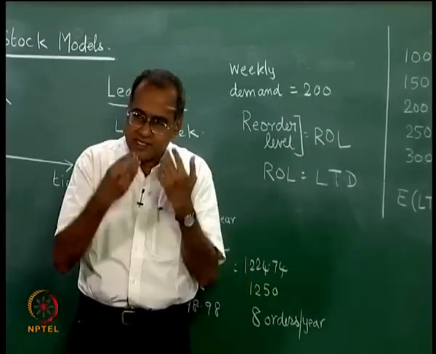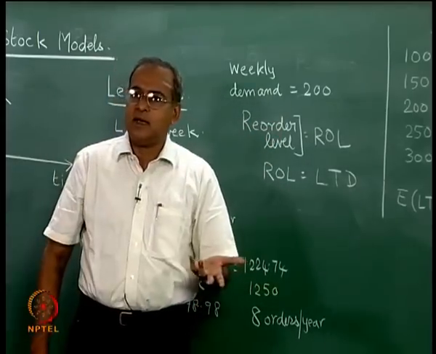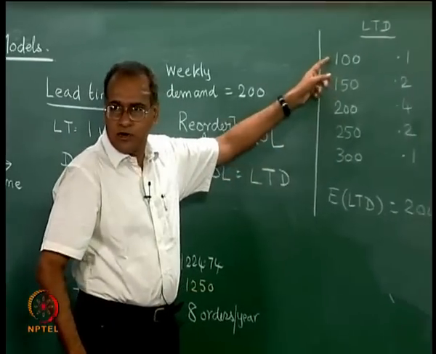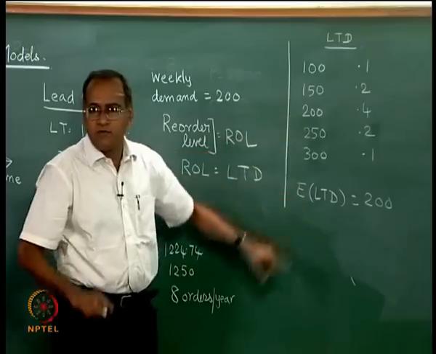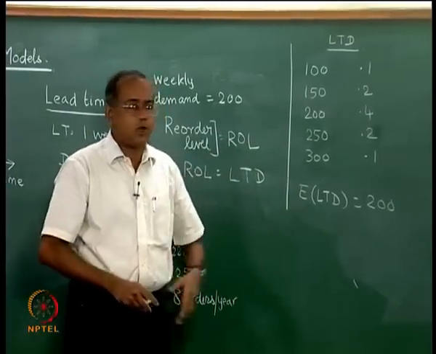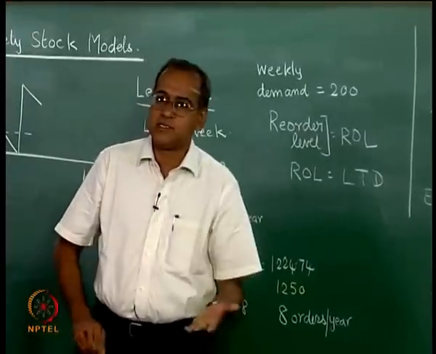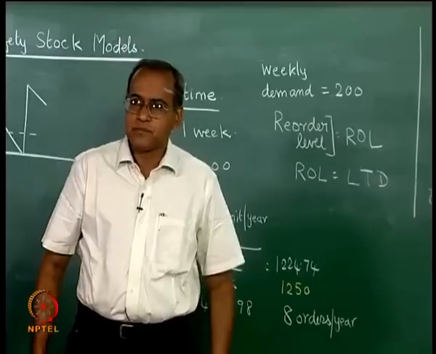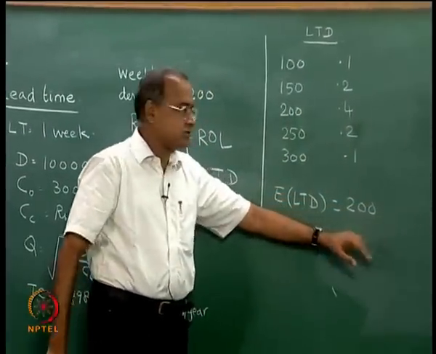Let us say someone has collected such data for 10 past cycles and we have realized that the lead time demand has been 100 in 1 out of the 10 times, 150 in 2 out of the 10 times, 200 in 4 out of the 10 times and so on. So, proportions automatically represent the probability of occurrence under the assumption that the future will replicate the past. That is how we get these numbers, and the expected value is 200.